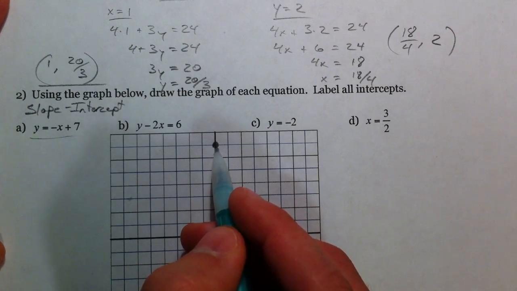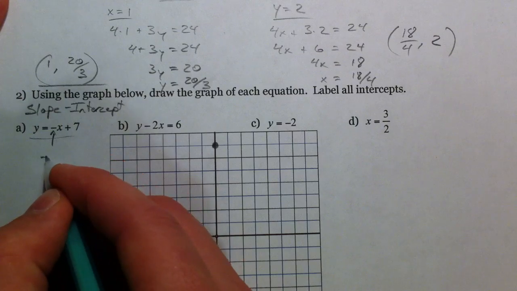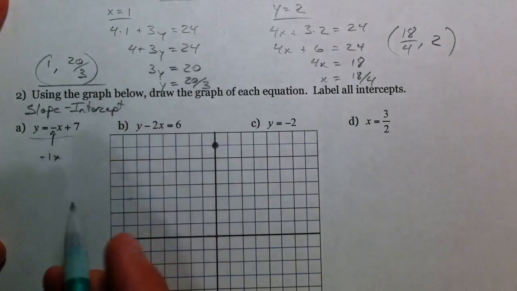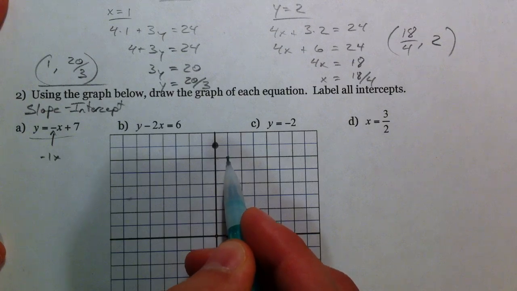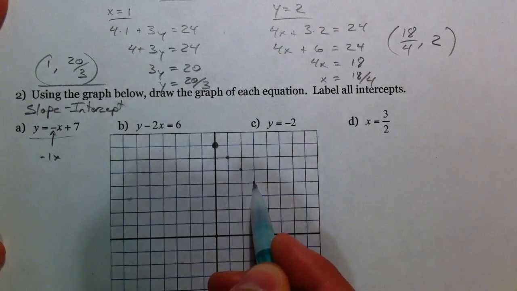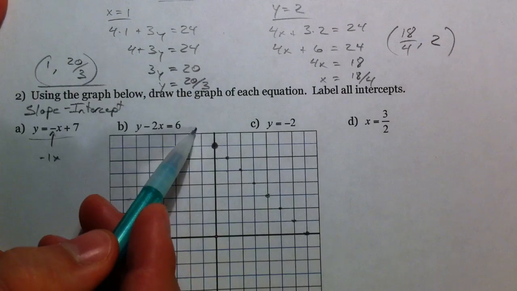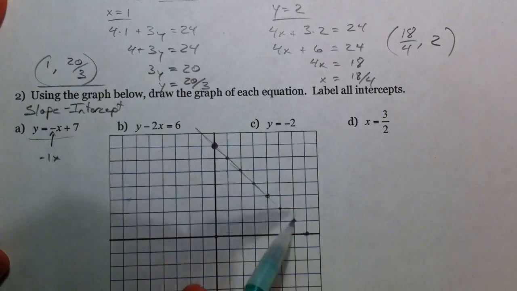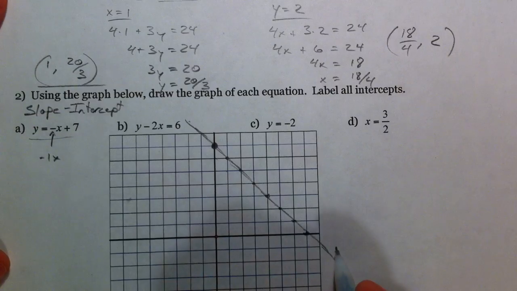And then this slope is negative 1x. So the slope is negative 1, so you go down 1 for each one you go across. Down 1 over 1. And you plot the slope, whatever it is. So there's your line, and we'll label that with an A.